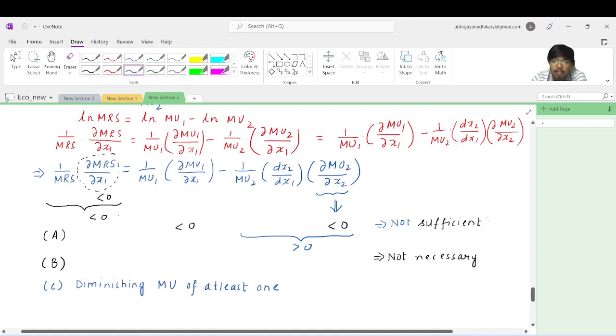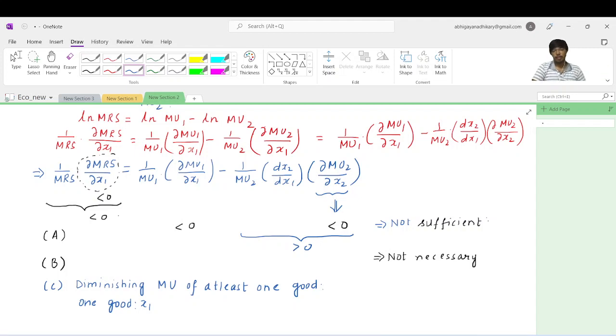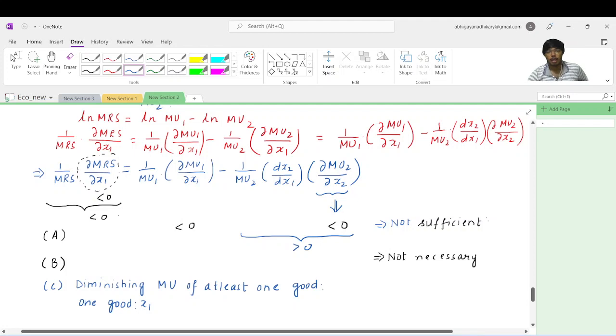Now this is a little tricky part. Let's say that the one good we are talking about is x1. Then obviously del MU1 del x1 is negative, then the left hand side will become negative. That's for sure. But if x2 is negative, we can't say something like that. And if both are negative also, we can't say something like that.